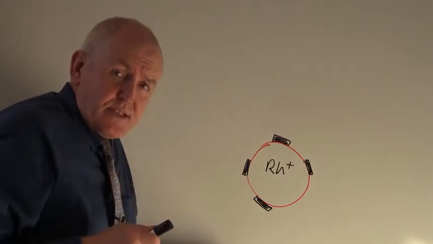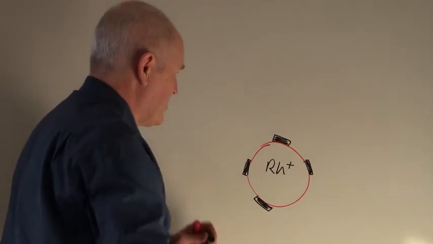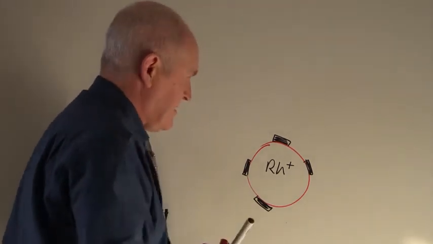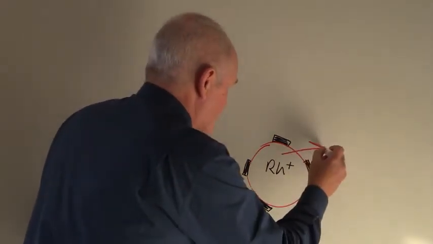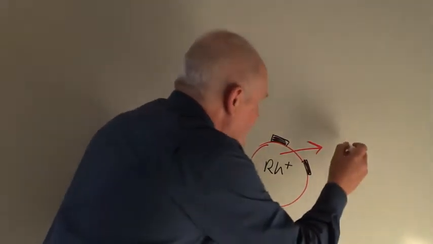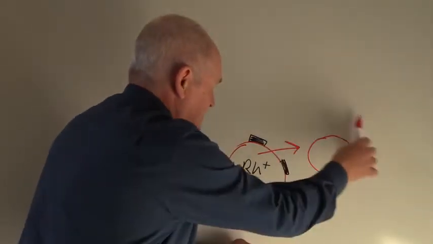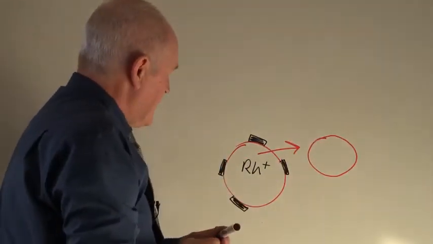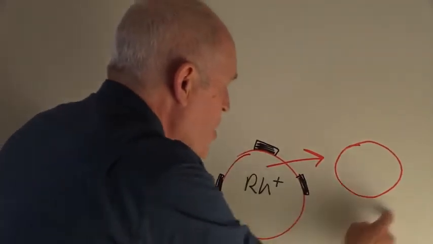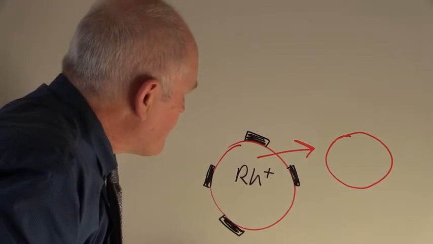But if rhesus positive blood is mistakenly given to someone who is rhesus negative via a blood transfusion or from a fetus, and we give that to someone who has got rhesus negative blood, they have no rhesus factor. Now, before they had no rhesus factor antibodies in their plasma.